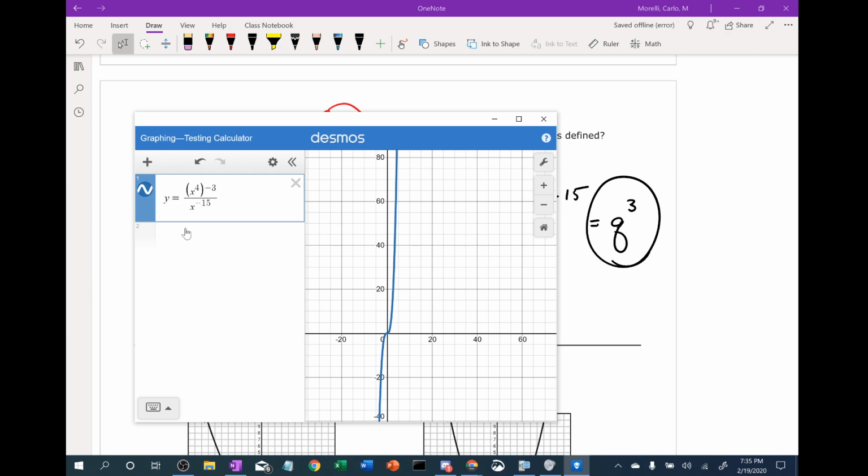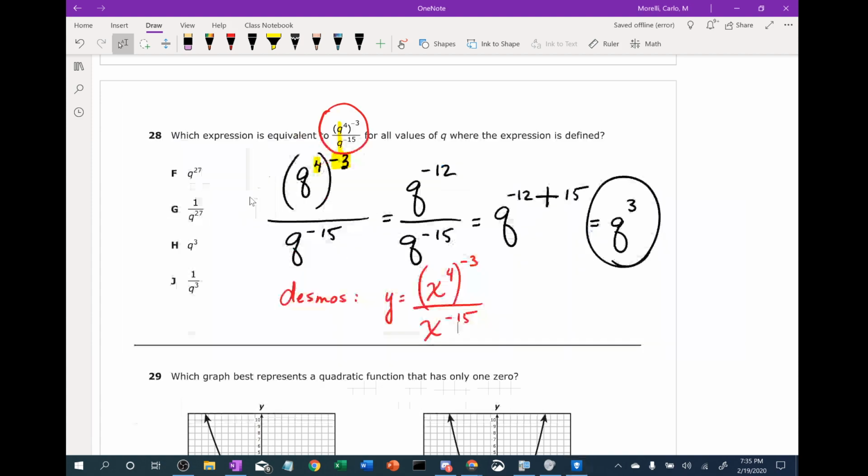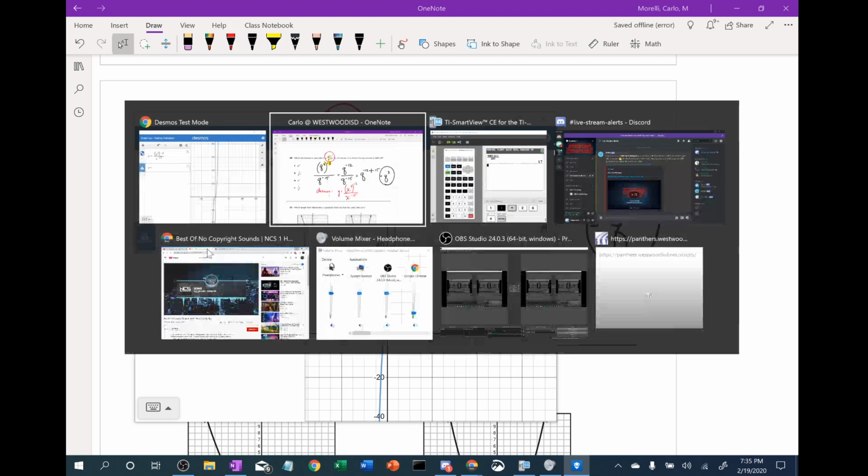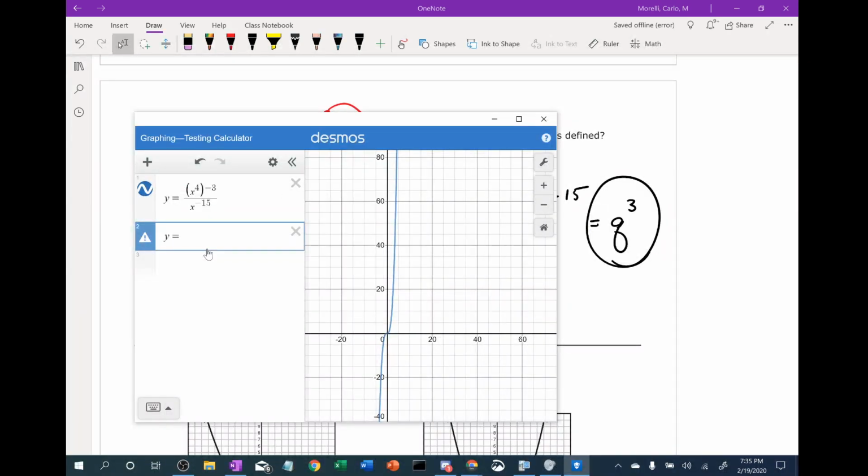Let's see if that works. And now we put in h, which would be x cubed. So y equals x cubed. Yep, it worked. So with that one, you just had to plug in the answer choices. If you plugged in the first answer choice, x to the 27th power, it wouldn't look right.